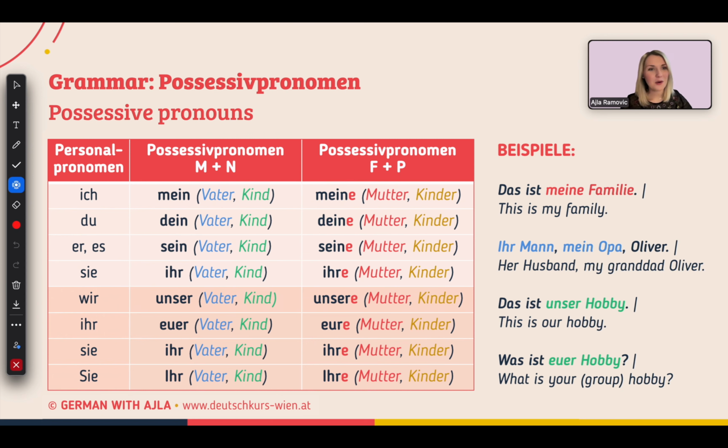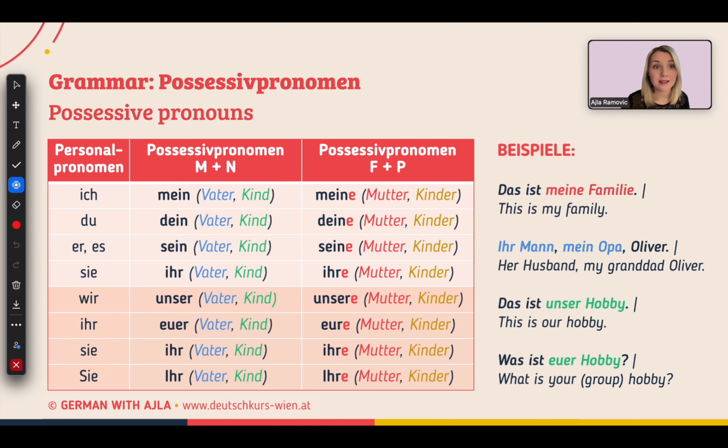And the last pronoun we have here in singular is sie, which means she. The possessive pronouns that we use here are ihr und ihre, meaning her. You need this possessive pronoun when you want to say that something belongs to a female person. Let's imagine we are talking about a girl.